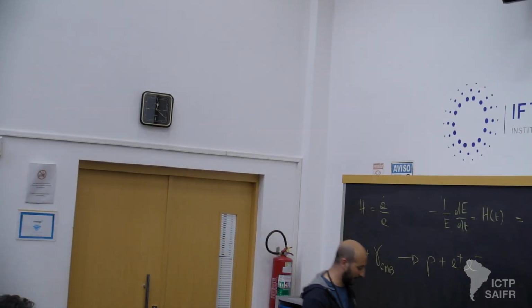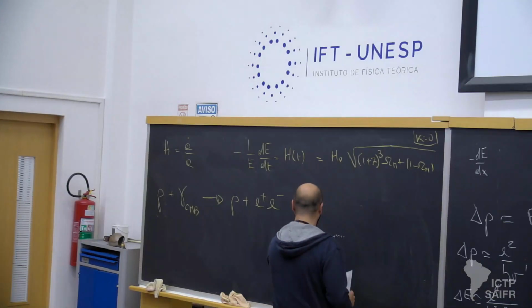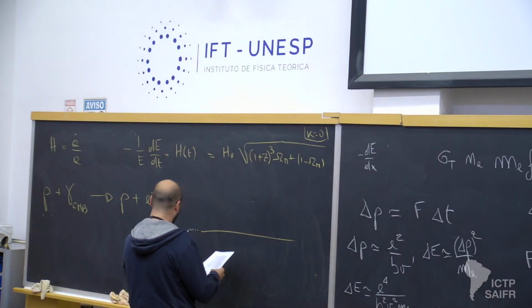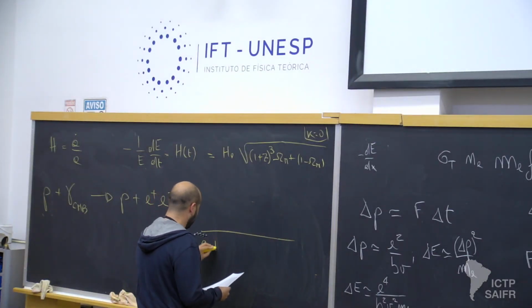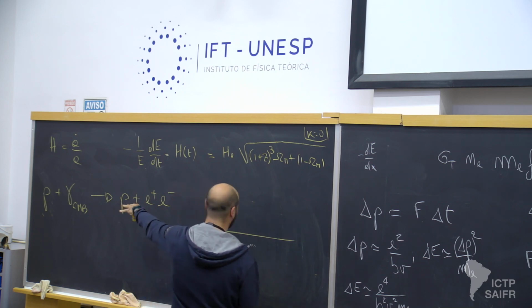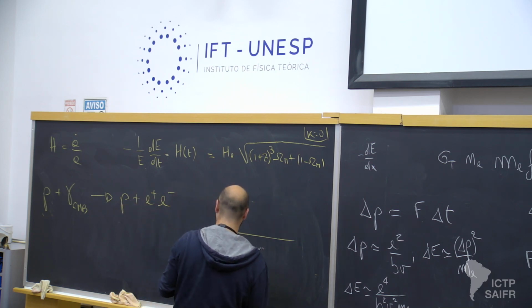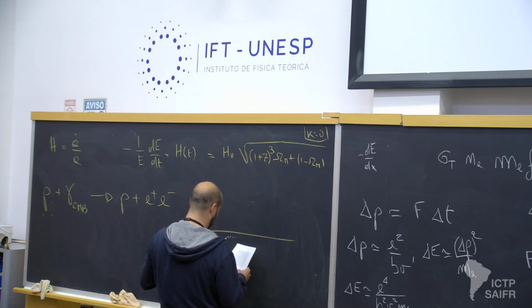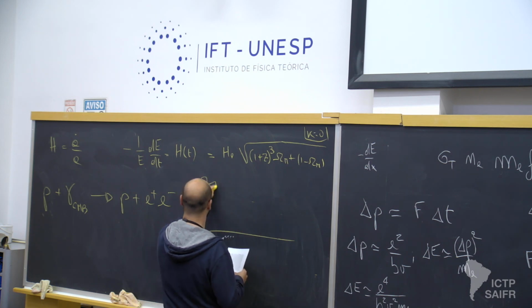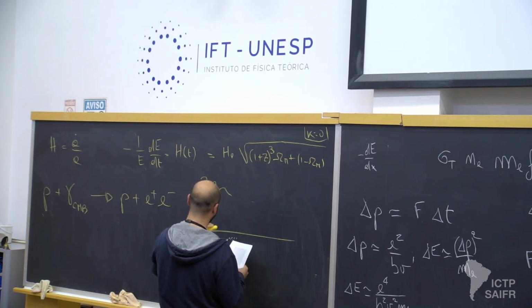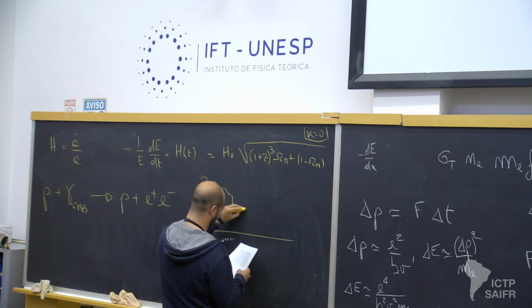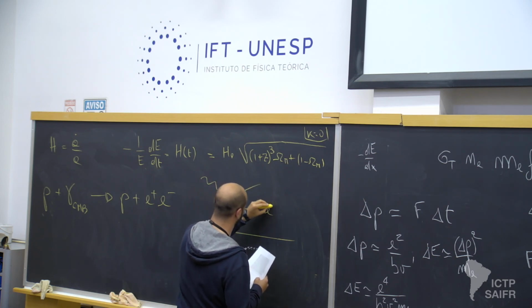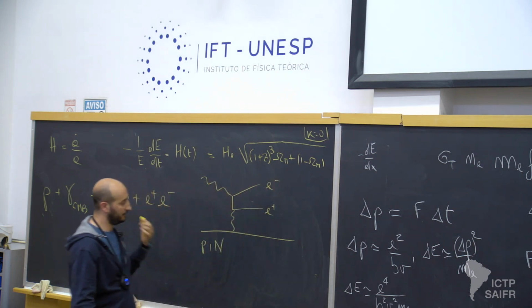So on a more microscopic level, this process can be described: this is the proton, or in general this can be a nucleus, because you have the analogous process for nuclei, of course. This is the photon of the CMB, and then you can have the e plus, e minus.